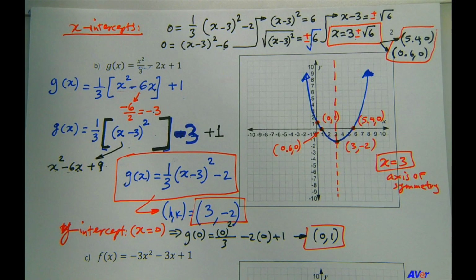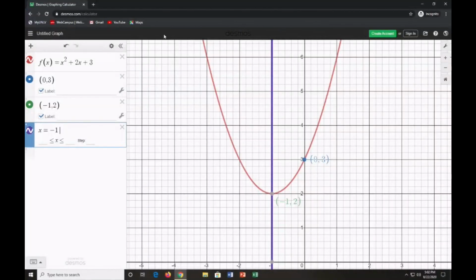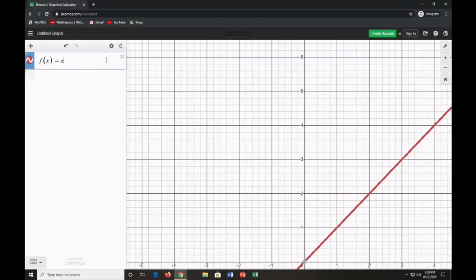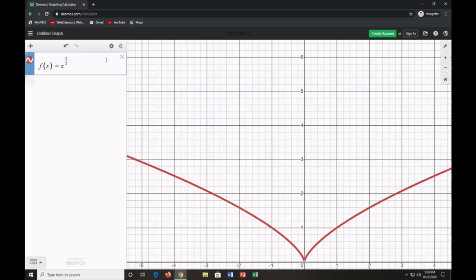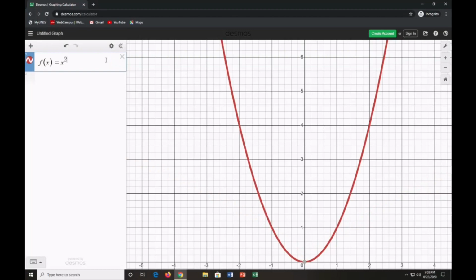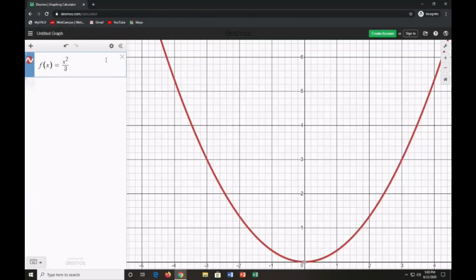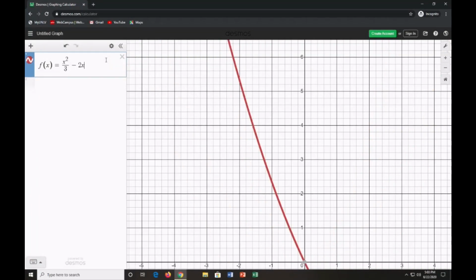So again, please don't mind the glitch in the screen as I switch to the computer. Here it is coming up. And so let's put in that equation, which was x squared divided by 3, and divided by 3, and then minus 2x plus 1, like that.